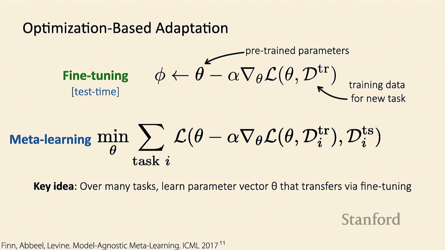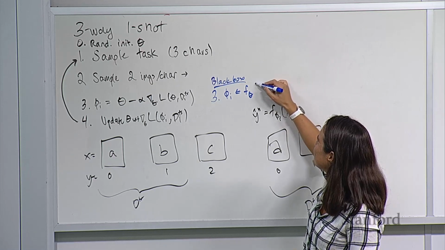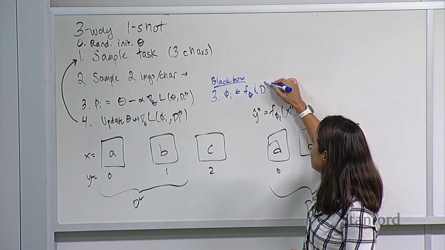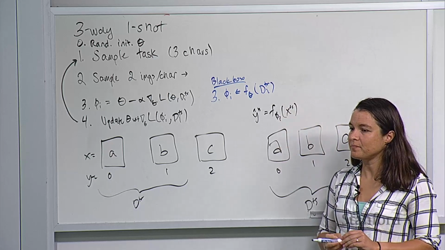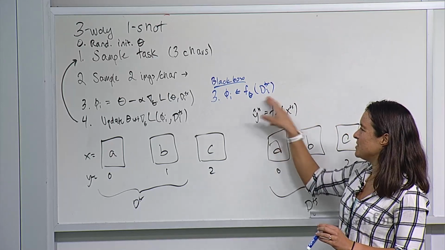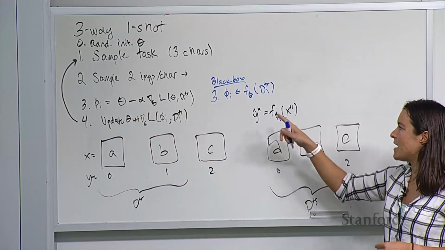And so the difference with step 3 is instead of actually obtaining phi I through gradient descent, we obtained phi I by running it through a neural network. I can't remember if I named it F or G in the previous lecture, but there's a neural network that took as input the training data points for the task and outputted the parameters. And now instead of just passing this through a neural network, we're going to be running gradient descent initialized at the metaparameters theta.